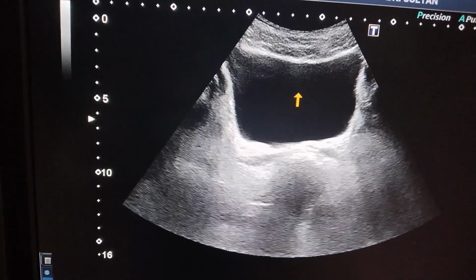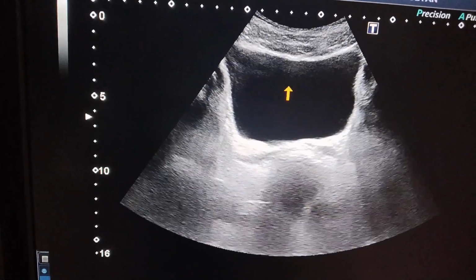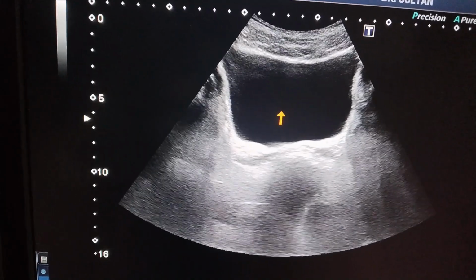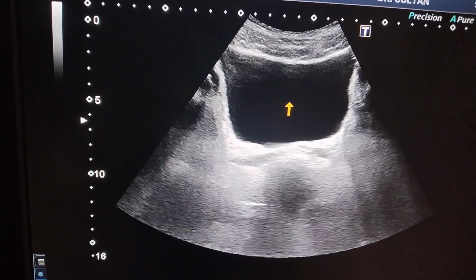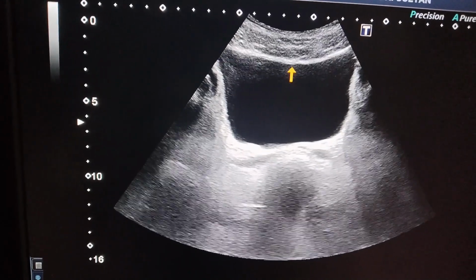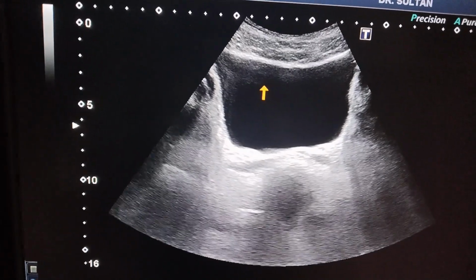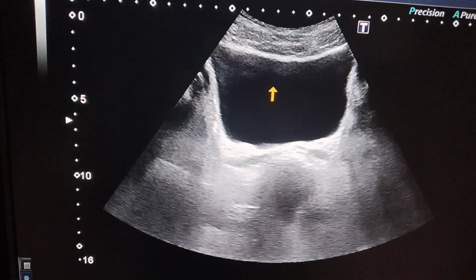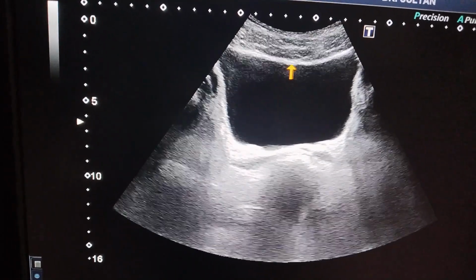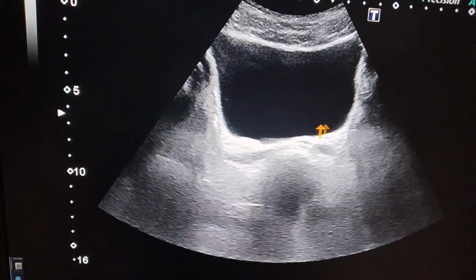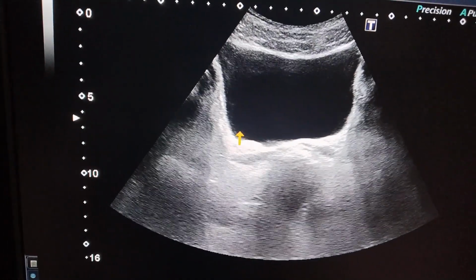And then the innermost is the lumen, which when filled with urine is anechoic. So this is the normal urinary bladder. It should be anechoic. There should be no internal echoes. The wall should be smooth, as we can appreciate here.